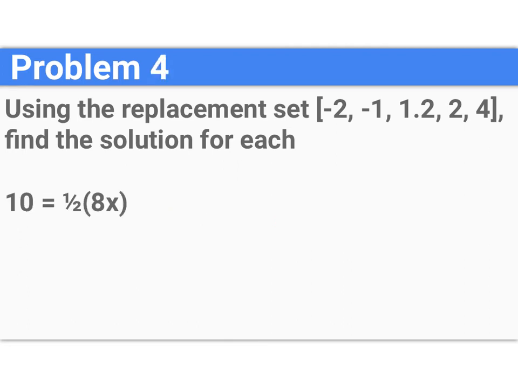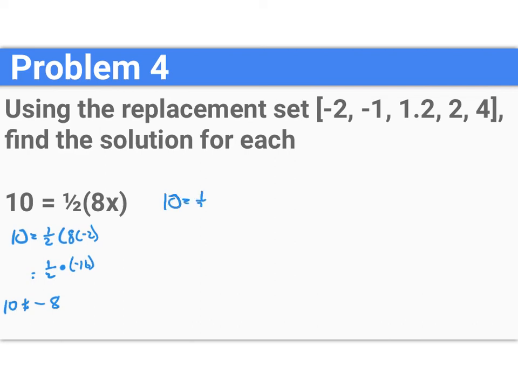And so our final one, using the replacement set, find a solution. Okay, so 10 equals 1/2 of 8 times -2. 1/2 times -16. This is multiply. -8 does not equal 10, so -2 doesn't work.